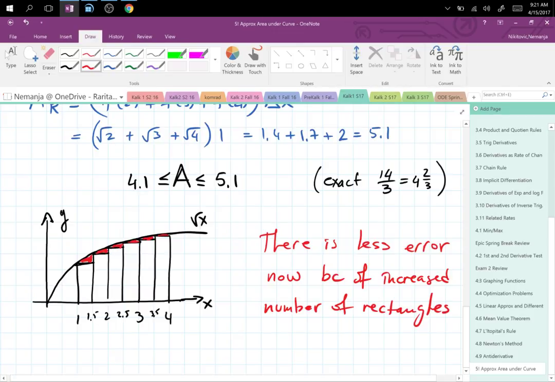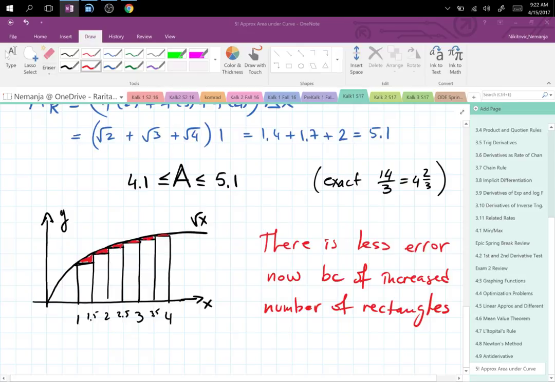So now, can I do better than this? Yes. Put more rectangles in. Now what happens if you put an infinite number of rectangles? Each rectangle will be infinitely thin, and each rectangle will fall under a single point under the curve, leaving no room for red error to form.